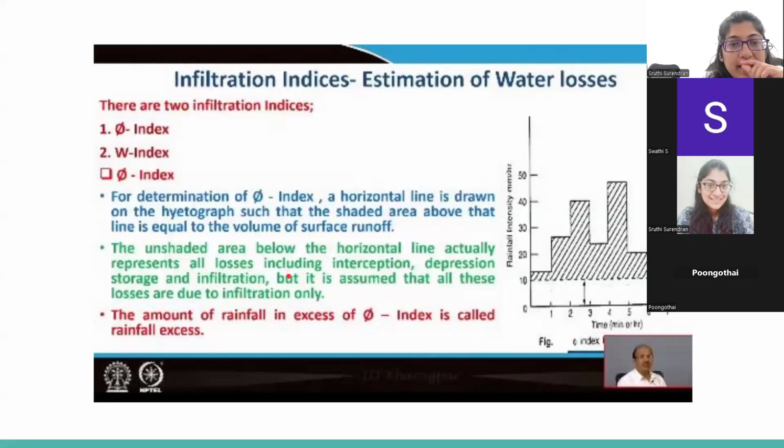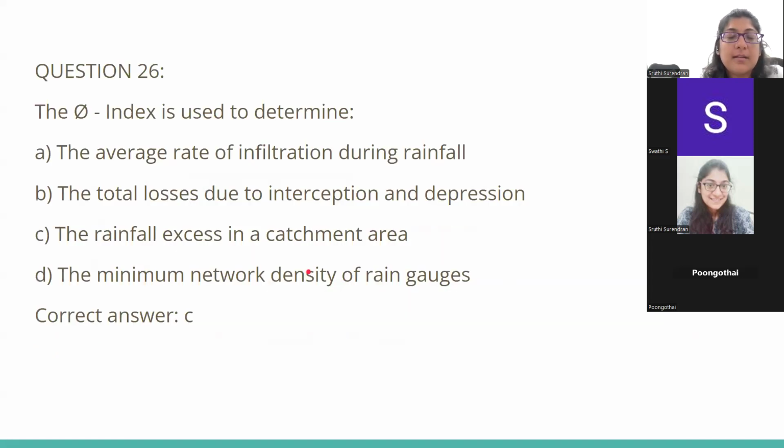We talked about phi index is basically giving us an idea about the average rate of infiltration in an area, and anything in excess of the average rate will be rainfall excess. So it is used to determine the rainfall excess in a catchment area. Phi index is basically giving us an idea about the average rate of infiltration, but using that, what we can find is how much rainfall excess is occurring in an area.